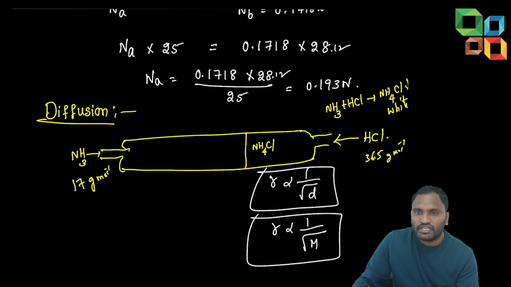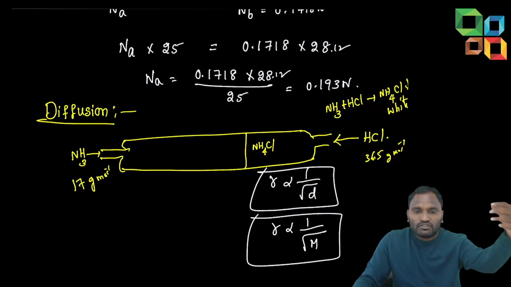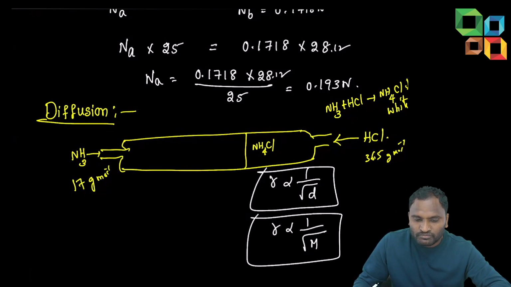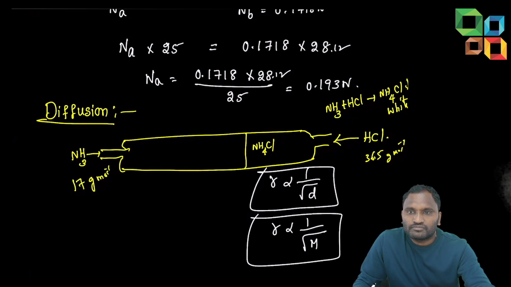In states of matter, you will get this one. So here only the definition is enough. Osmosis is nothing but movement of solvent particles from lower concentration to higher concentration through a semi-permeable membrane.